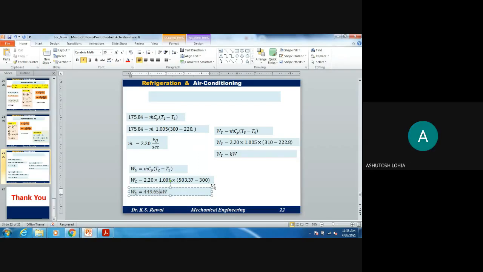Okay. So now, similarly, we will calculate the value of WT. WT is equal to m dot Cp (T3 minus T4). So now put the values in and tell me the turbine work.